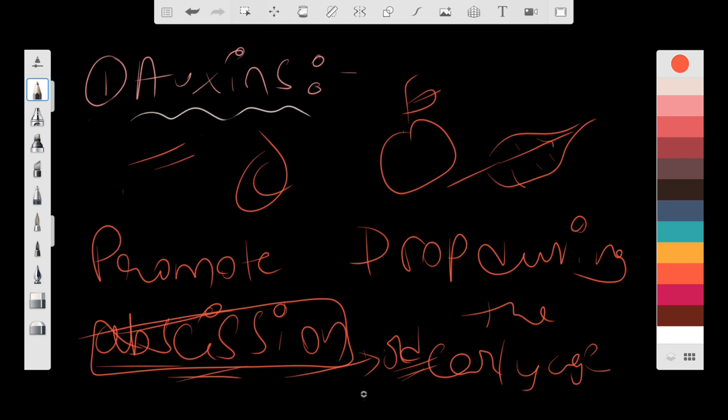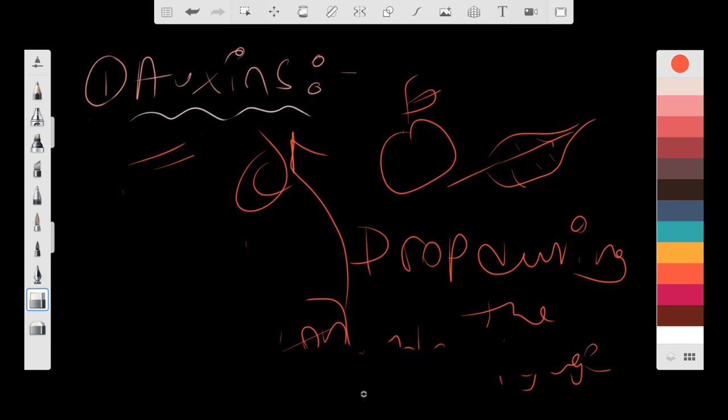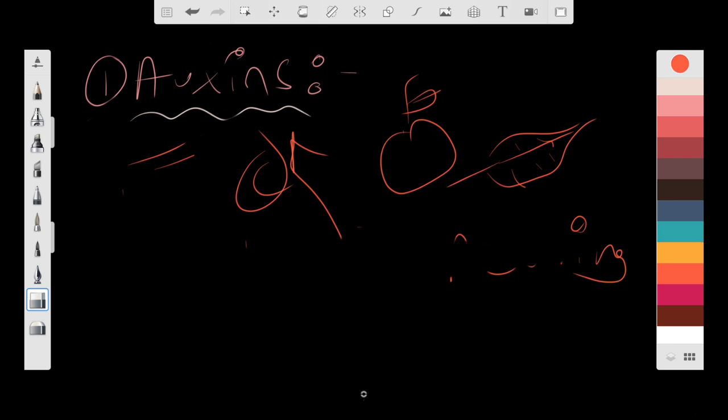The removal of mature fruits and leaves naturally by the plant is called abscission, and that is promoted by auxins. Okay, they prevent abscission during the early ages, they promote abscission during the old age, during the mature age.